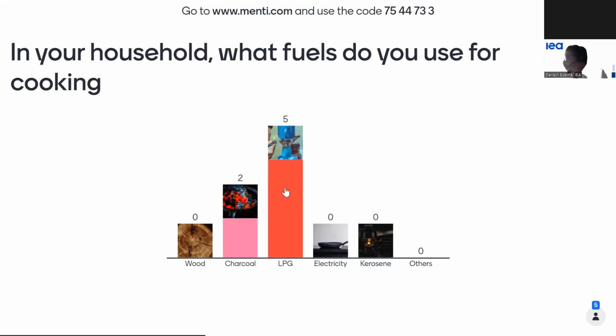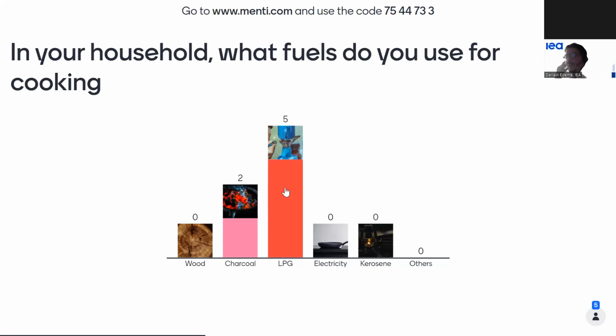If you want to give me some insights with respect to this, like why are you using 2 fuels? Is it because each specific fuel is used to fill some specific cooking needs? So you have things that you prefer to cook with charcoal and other meals you prefer to cook with LPG?